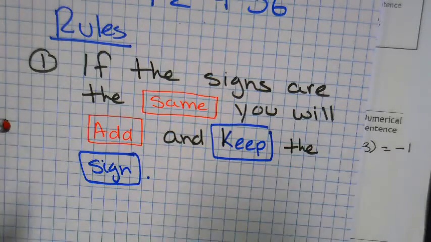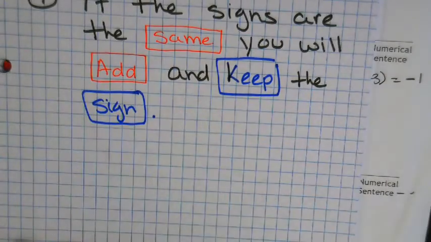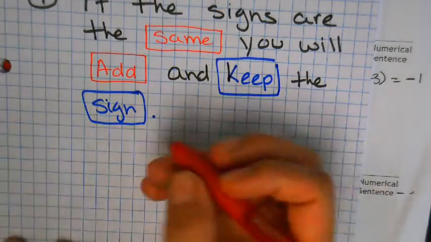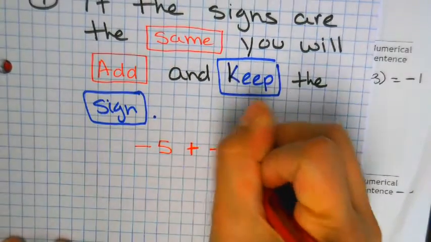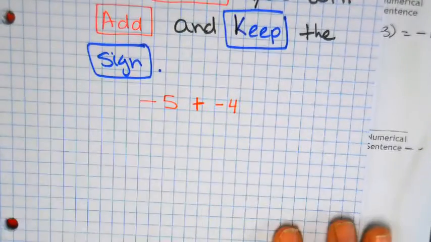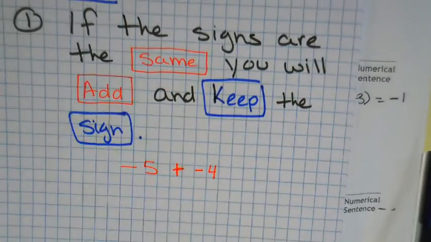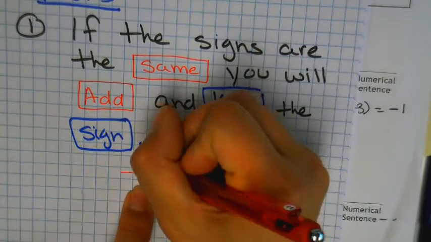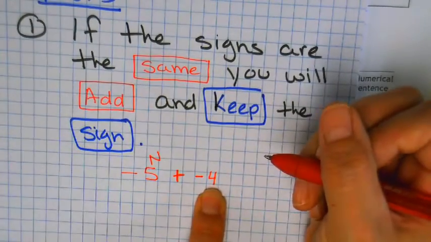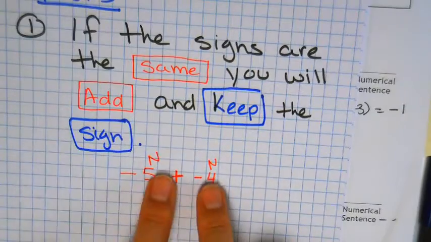So for example, with this problem, if the signs are the same, what signs are we talking about? We're talking about the negative and positive signs. So if I gave you a problem, negative 5 plus negative 4, you're going to check the signs. What kind of sign does this have? A negative. What kind of sign does this have? A negative. So are they the same signs? Yes.